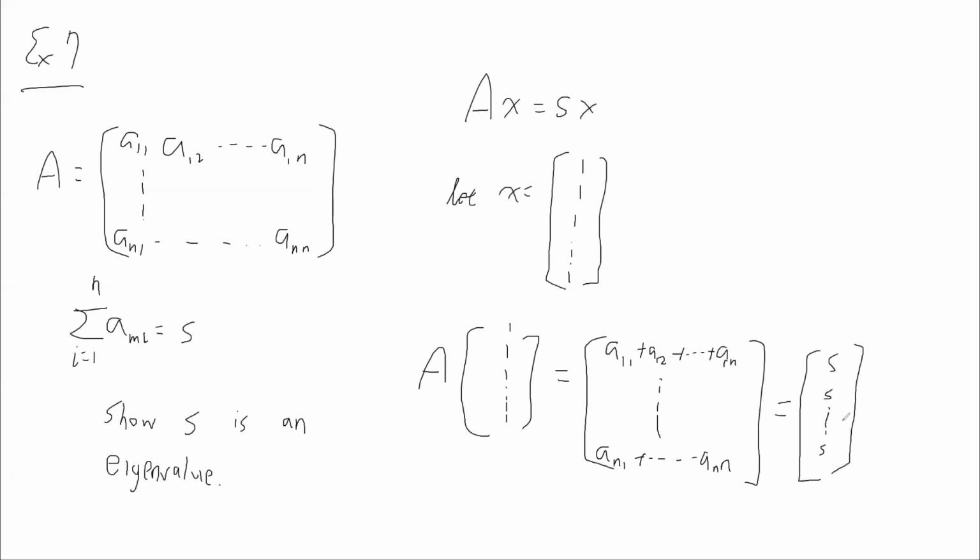And by definition of the eigenvalue, S times X is S times all my ones, and that gives me the same thing. So if I pick my eigenvector to be all ones, then it satisfies this eigenvalue of S because of the property of this matrix: all the entries in the row add up to the same thing.